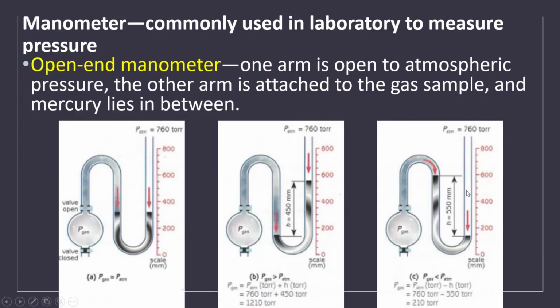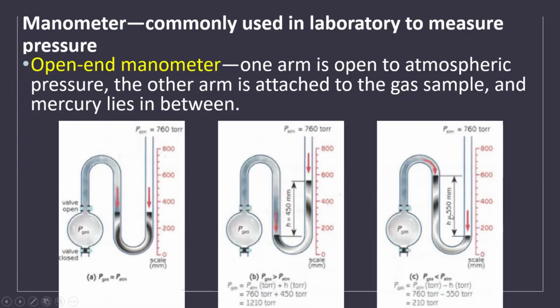So the atmosphere is pressing down, and we've got the gas sample pressing down too. But the outside air pressure is winning. So we know that this one is less than 760 torr, and we need to subtract the difference.